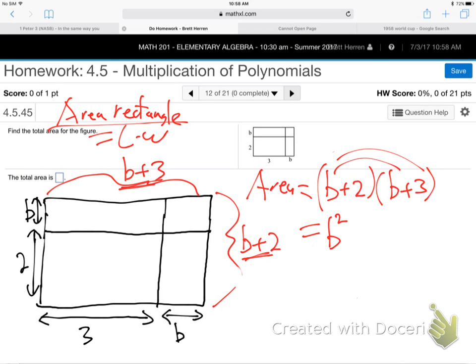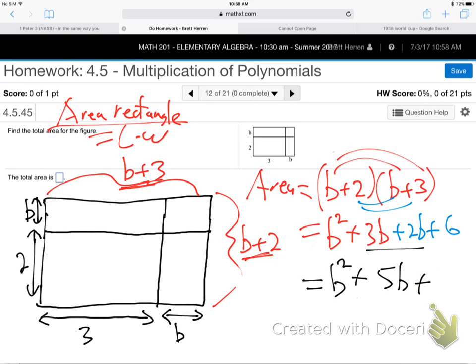What do you get? b squared plus 3b. And then the 2 goes to both. Plus 2b plus 6. And that's what? b squared plus 5b plus 6. Done.